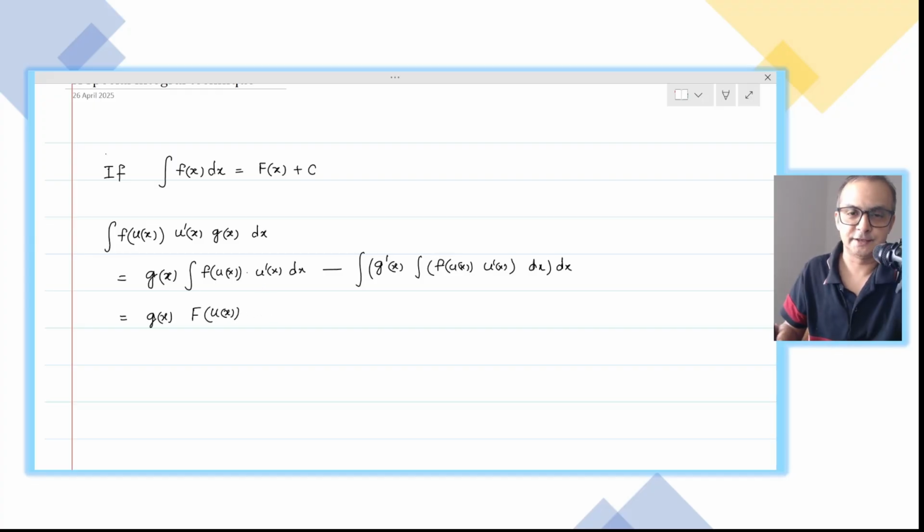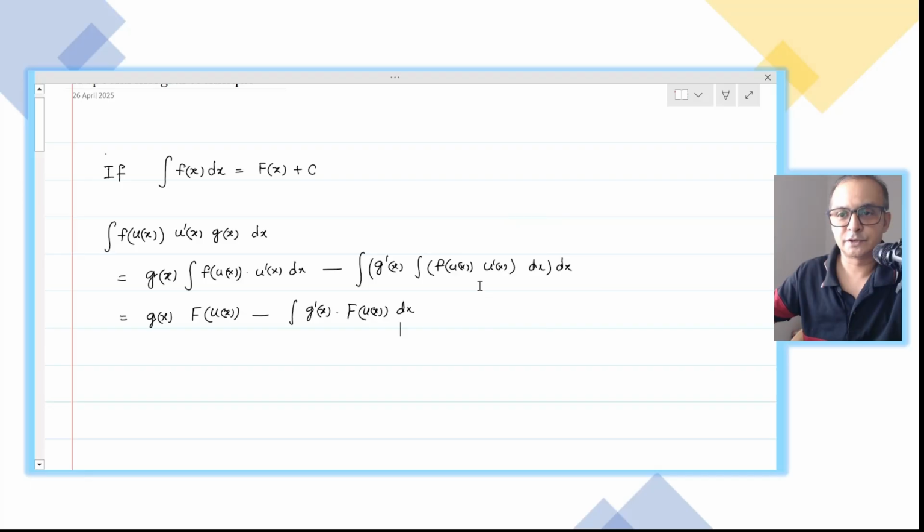You can just visualize this and calculate in mind, because if we substitute u(x) as t, its derivative is already there, so f(t) dt will be there, whose integration will become capital F(t), and so we can write capital F(u(x)), and minus this I can write g'(x), and again this whole thing we have done here I can write as capital F(u(x)) dx.